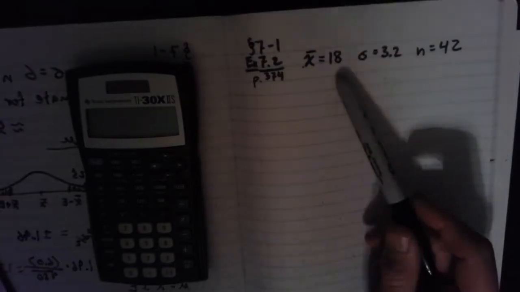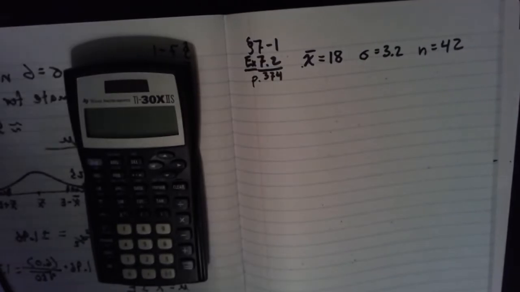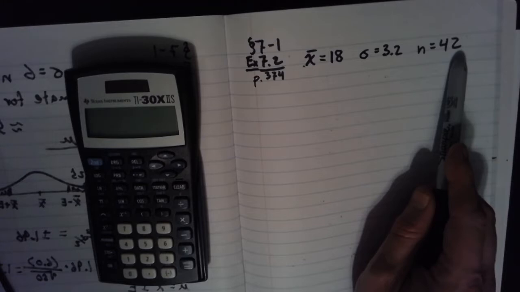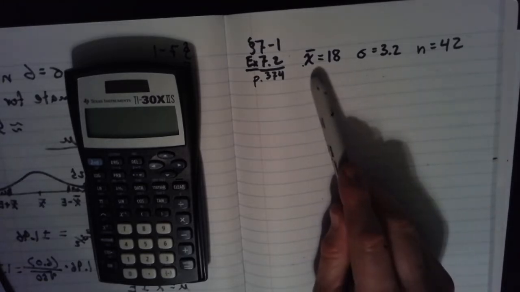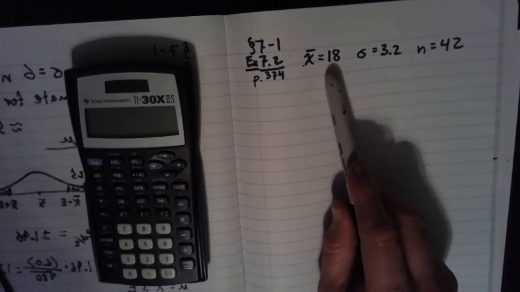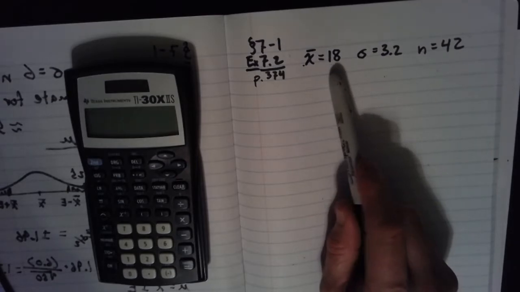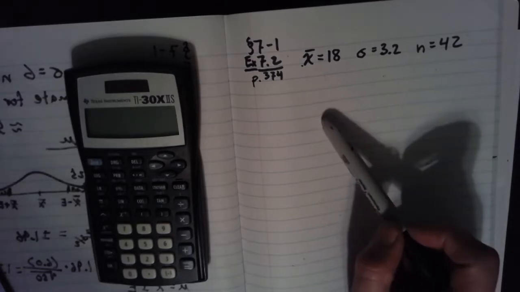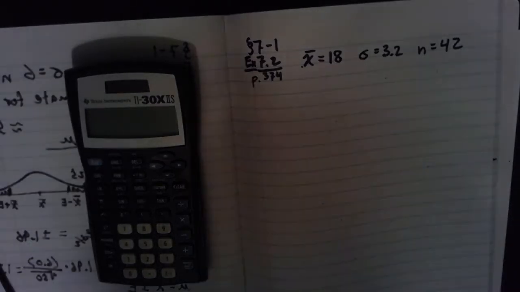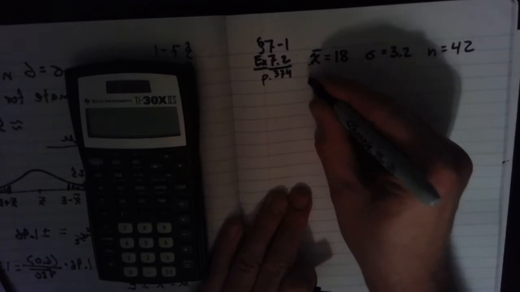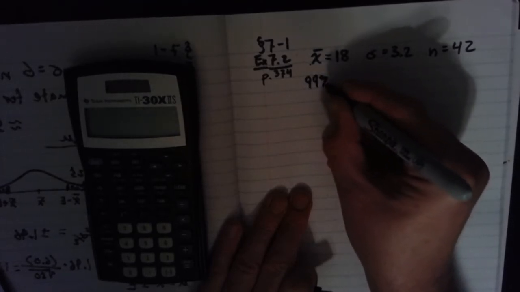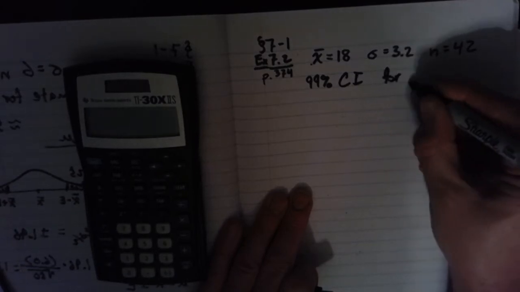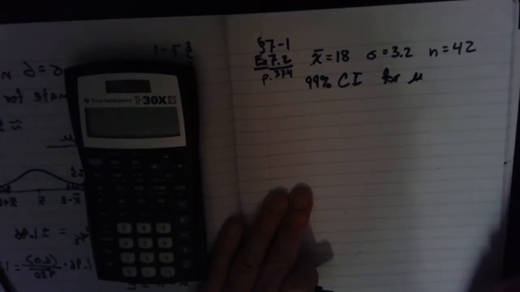Is it 18, and so on and so forth. Okay, we actually did that. We took 42 hours, counted up one by one the number of patients served in that hour, and averaged it together. And we found that the average for this sample was 18. So here we're going to find our 99% confidence interval for the mean.